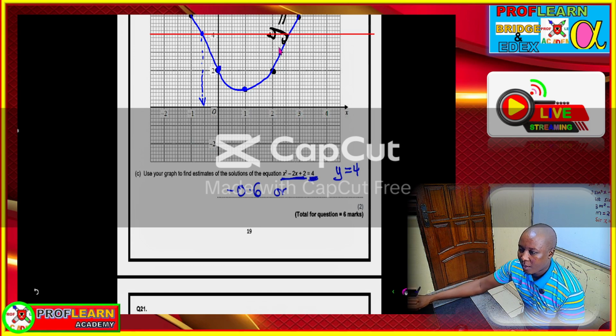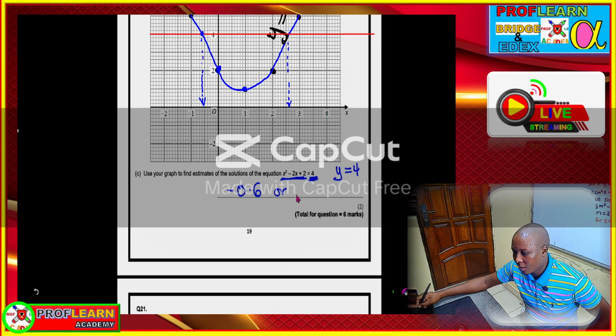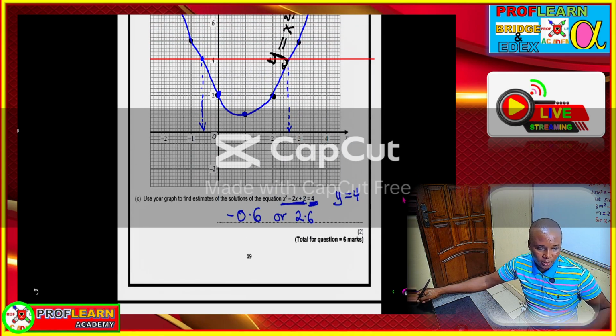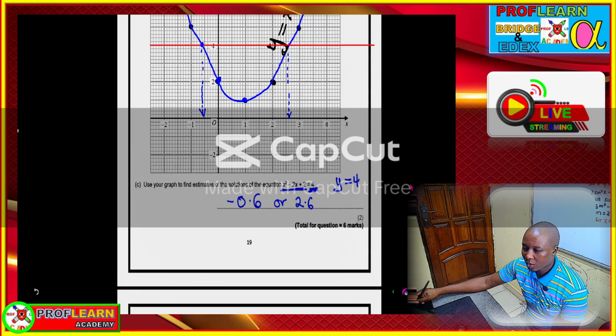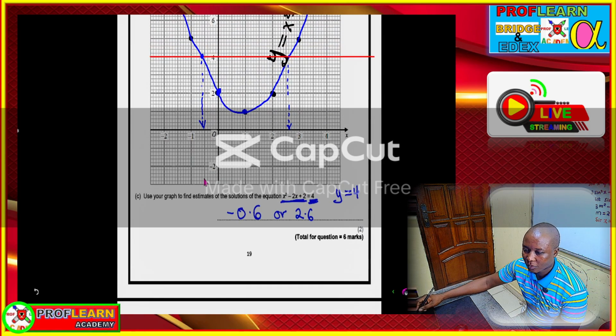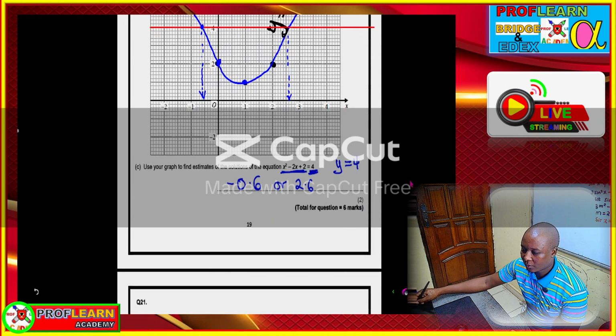Or if I read this here, if I draw it nicely, this is going to be 2 point what? 2.6. I don't know whether you guys had already answered that. So those are the two answers.